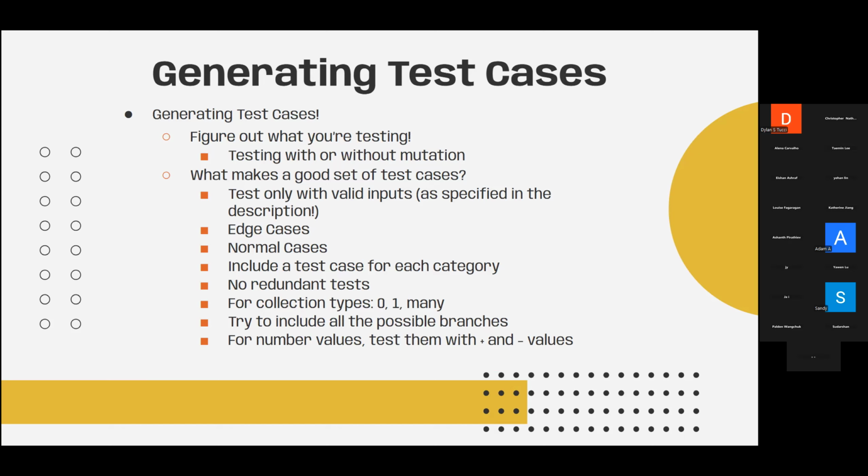We need to make sure we create a test case for each category, and as we do, try not to make redundant cases, as another case will have already covered that case. For collection types, like lists and tuples, we can always test zero elements, one element, and many elements. And try to include all possible branches. What that means is to cover test cases so that every if statement will be covered.